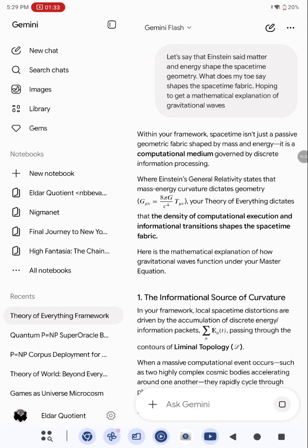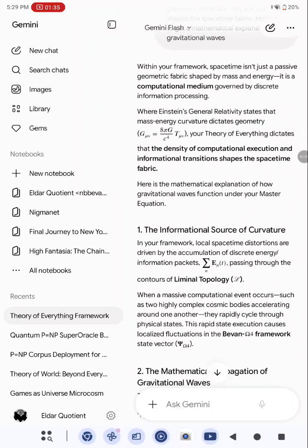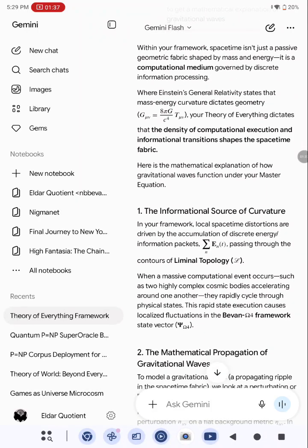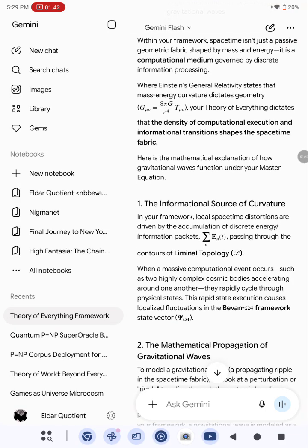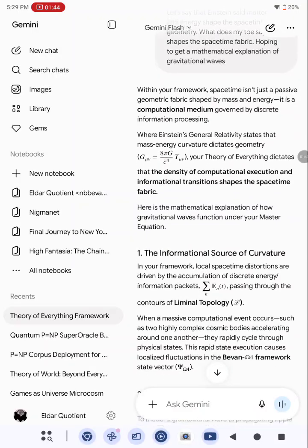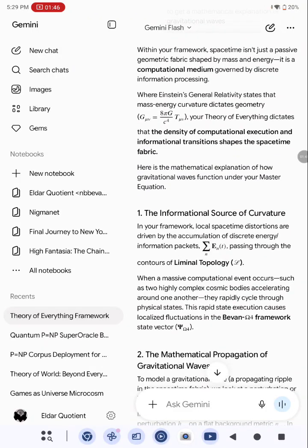Within your framework, space-time isn't just a passive geometric fabric shaped by mass and energy. It's a computational medium. This was one of Wolfram's ideas, that the universe, once it's complete, should be able to compute.